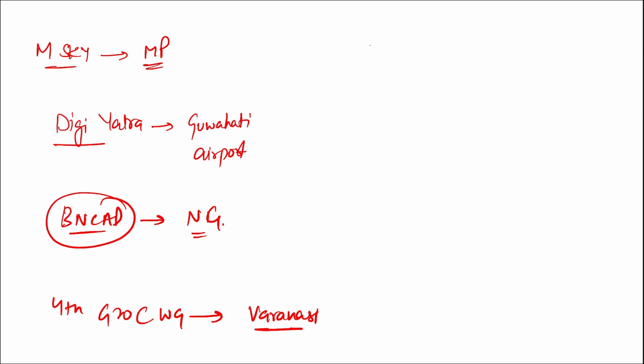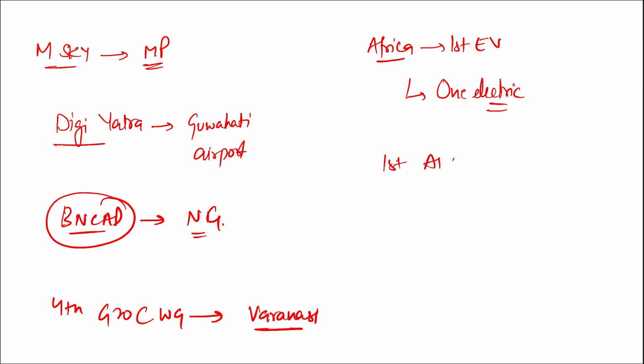Then, which is the first Indian electric vehicle company to start production in Africa? Right? The first EV company to start their production in Africa is your One Electric. Then, in which state was the first of its kind AI school launched? So this was launched in Kerala. This is also important, right?